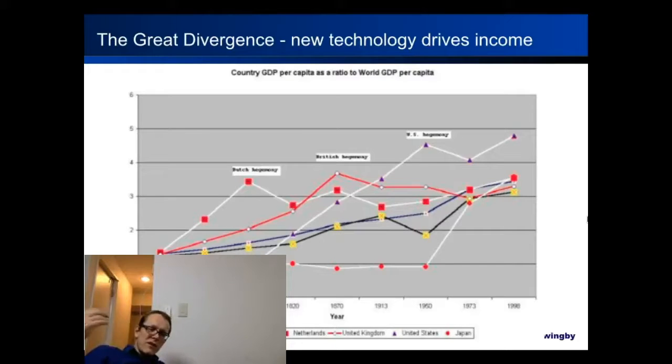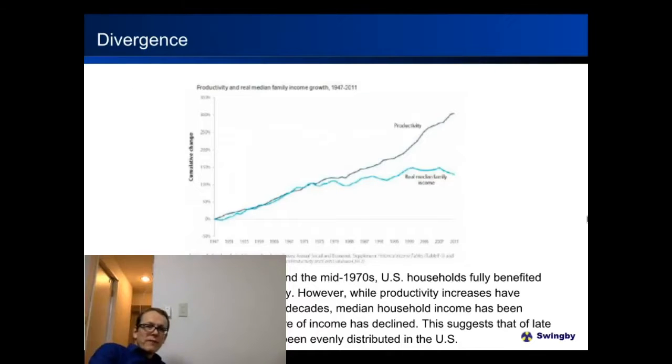The message here is that there is a very clear connection between new technology, technological revolutions, and income per head for the nation. So there seems to be a positive relationship between the two of them. But there's also divergence.